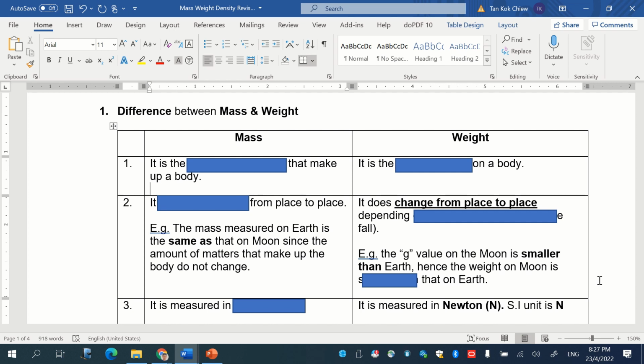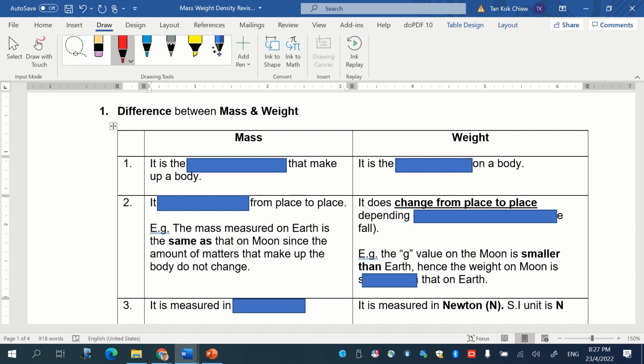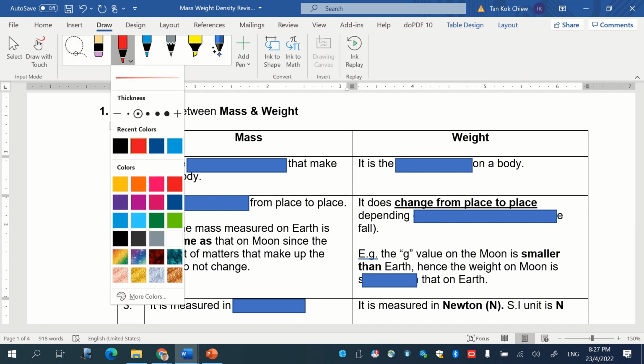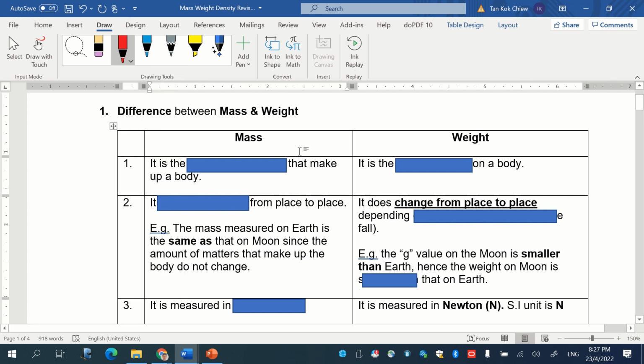So on the left column is our mass, and the right column is our weight. So the first thing is the definition itself. The first part of the definition for mass is the amount of matter that made up a body.